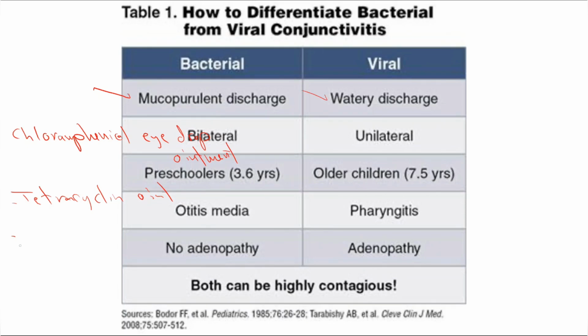And we also have fusidic acid eye ointment, which can be used 2 to 3 times daily. There are other commercial antibiotics that can be used. Some ophthalmic doctors use a steroid or a combination of an antibiotic and a steroid. So let that be done by ophthalmology.